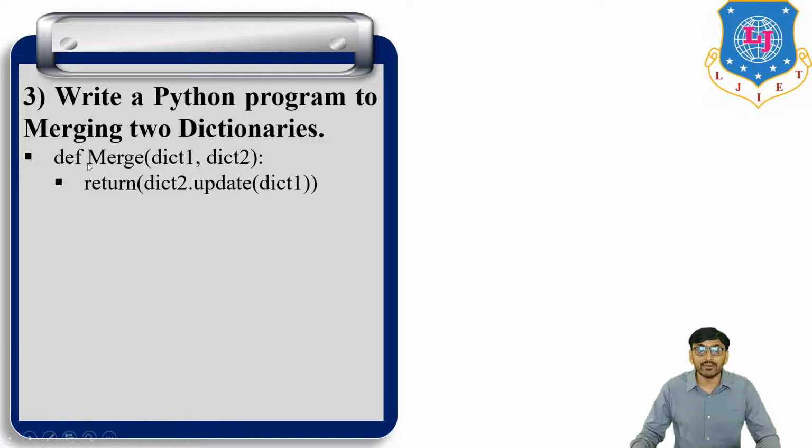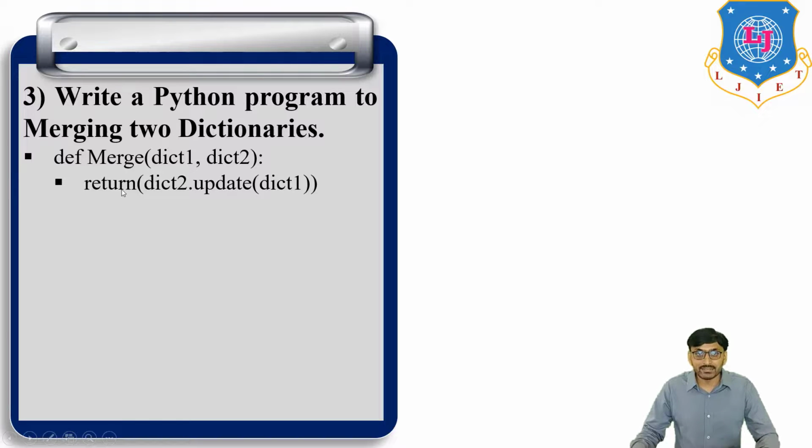First step: def merge dict1 and dict2. So dict1 and dict2 are the two dictionaries, which are arguments of the function. And def, we know, is the keyword used to represent a function, and merge is the function name.